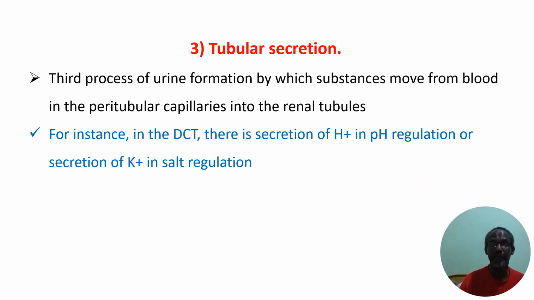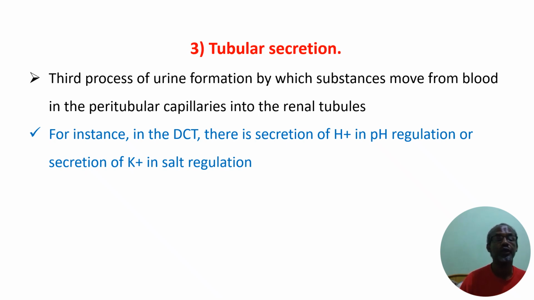Of course, this is a minor event in urine formation, but still, if there are substances to be given to the tubular systems of the kidney so that they become part of urine, the network of blood vessels surrounding the tubes, known as peritubular capillaries, secrete substances into what? Into the renal tubes, either proximal, loop of Henle, distal or collecting duct.